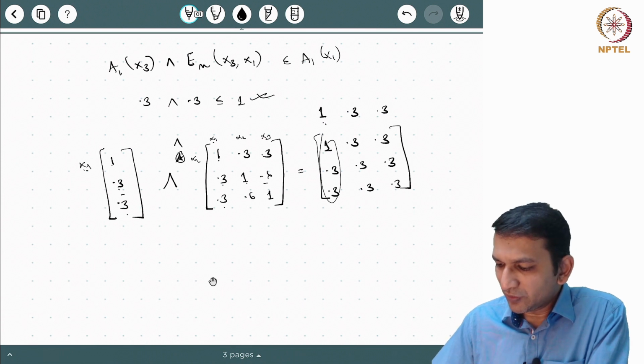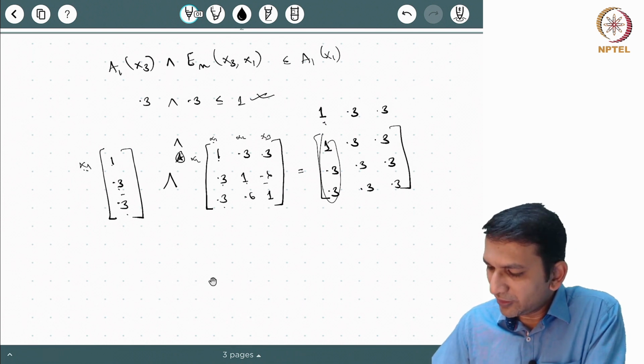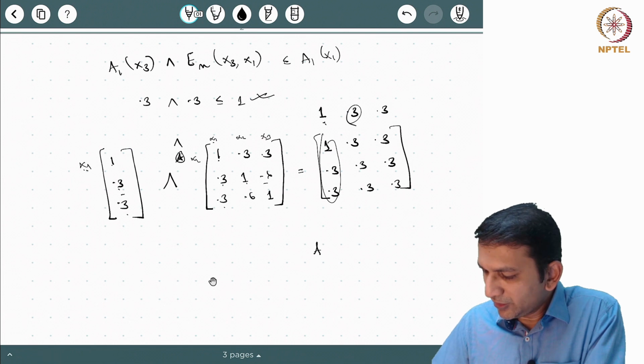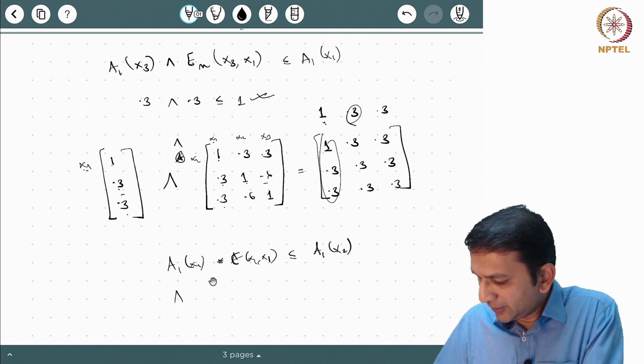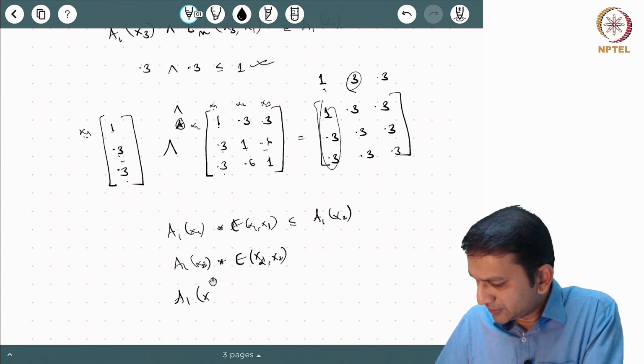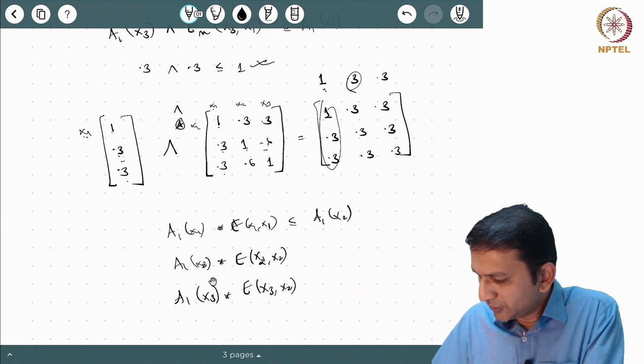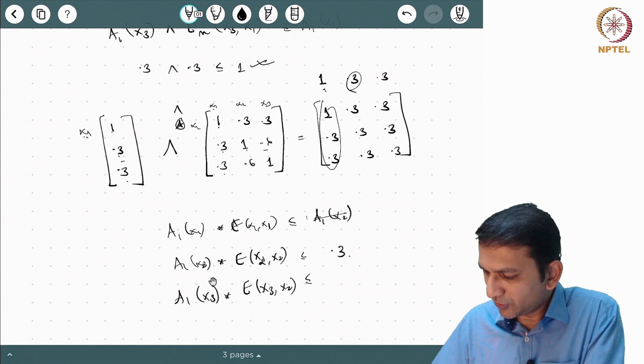For each one of them, let's fix this: this is A1 of x2. What we want is that it should be smaller than A1 x1 star E x1 x2, A1 x2 star E x2 x2, and A1 x3 star E x3 x2. So it should be smaller than all of them. And this value is 0.3 for all of them.